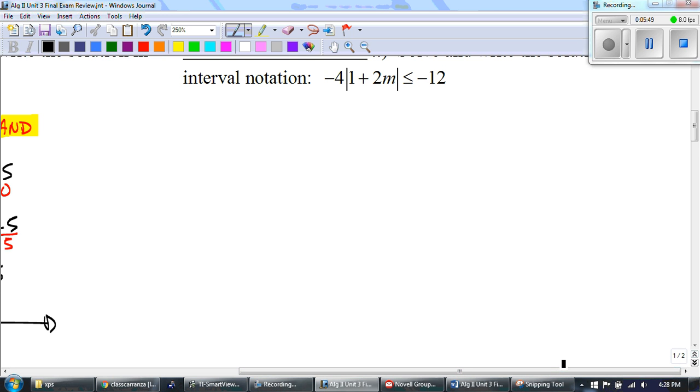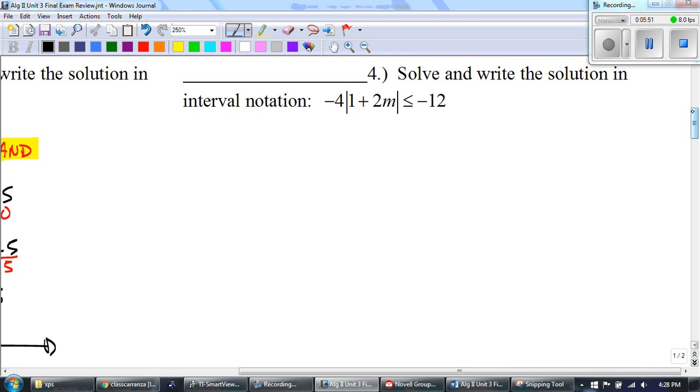Number 4. Same thing. We want to get the absolute value by itself. Right now it's multiplying by negative 4, so I'm going to divide by negative 4. We get the absolute value of 1 plus 2m. It's inside the absolute value.